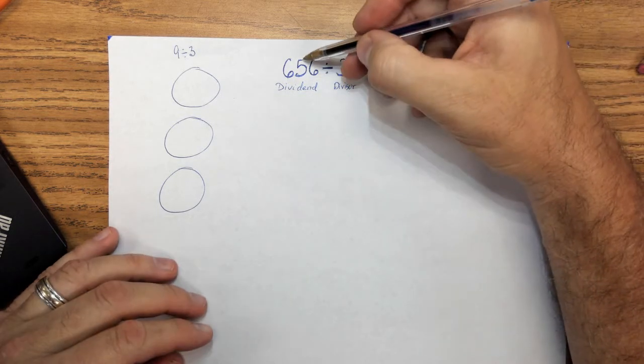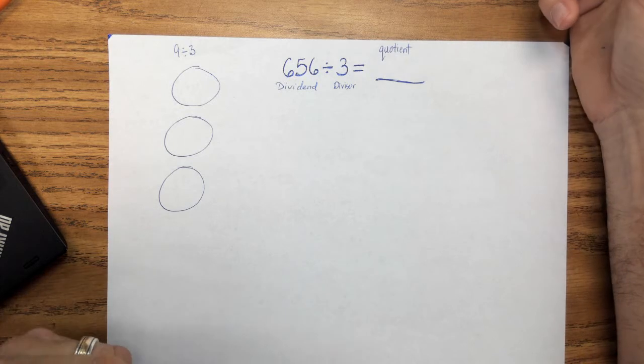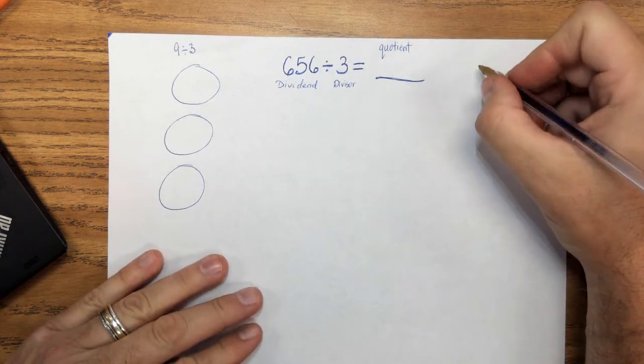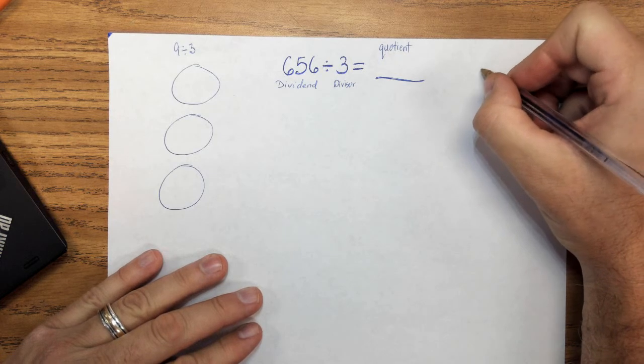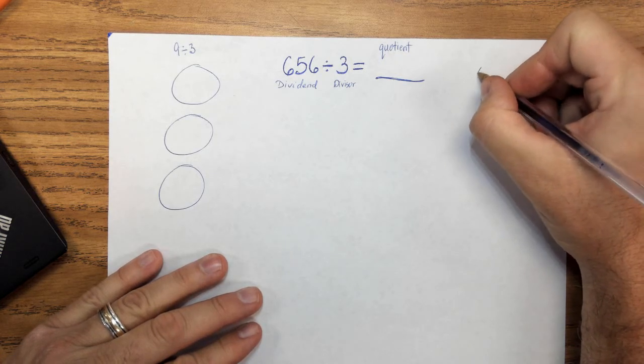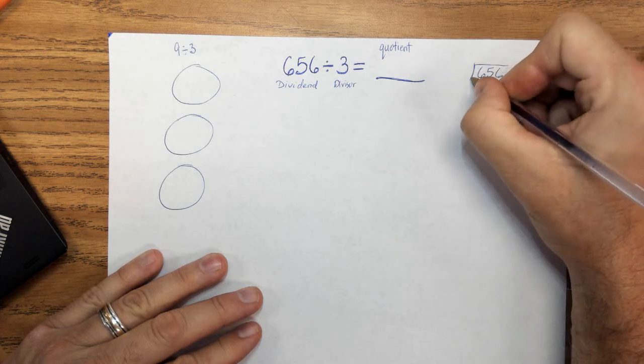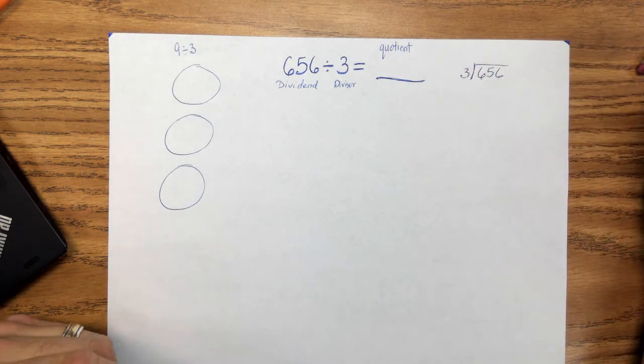These numbers now in 4th grade have gotten large enough that that's just not an efficient way of doing division. The idea is the same, but the efficiencies require us to come up with another way of doing it. Most people, and eventually your students, will operate using a standard algorithm that looks like this.